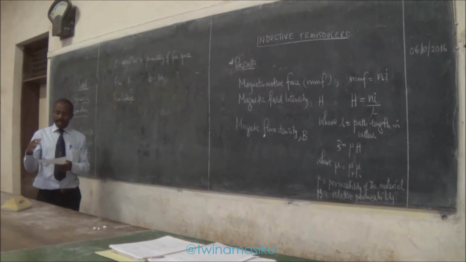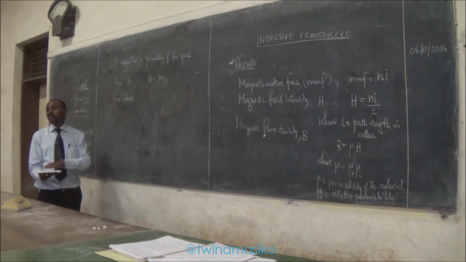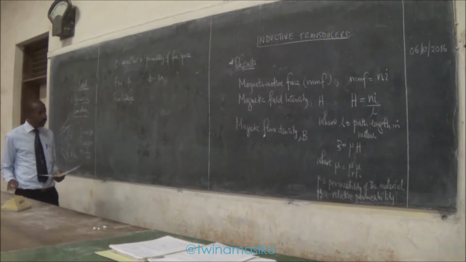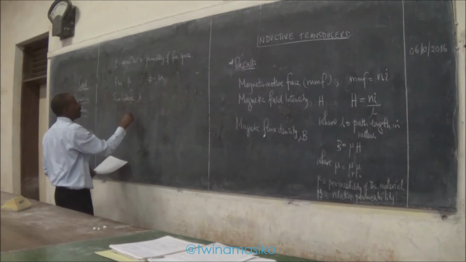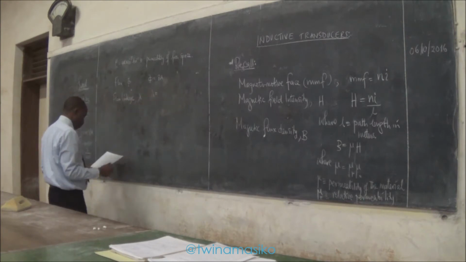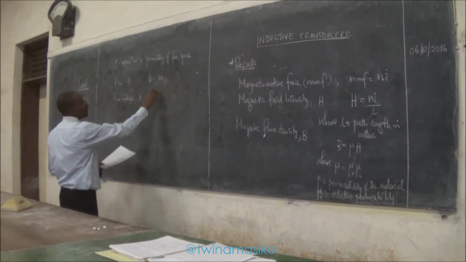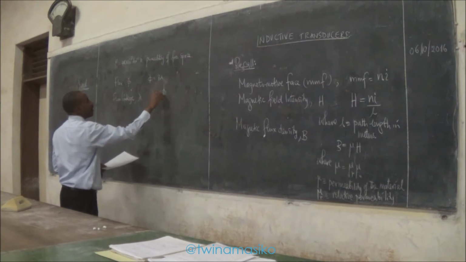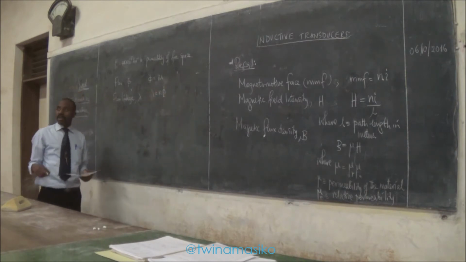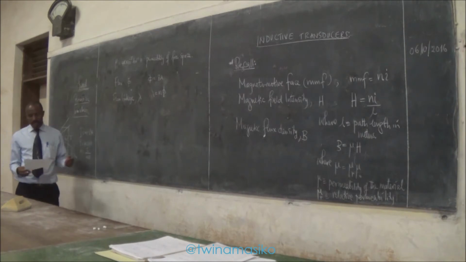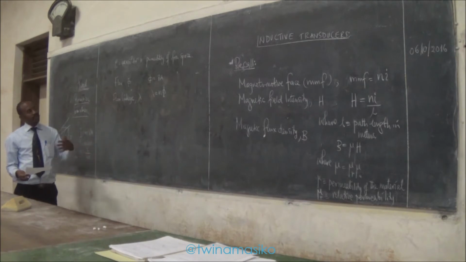If I put a magnet underneath and I put a metal here, it will be attracted. They just go through, they are permeable to the paper, for example. So if I denote this with lambda, then lambda is equal to the number of turns times the flux. You are looking at the magnetic flux linkage: the field lines per unit area going through that area, times the number of turns that you got.